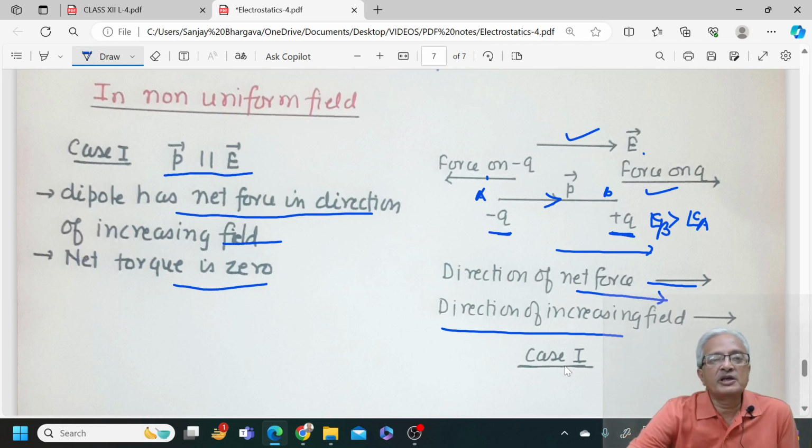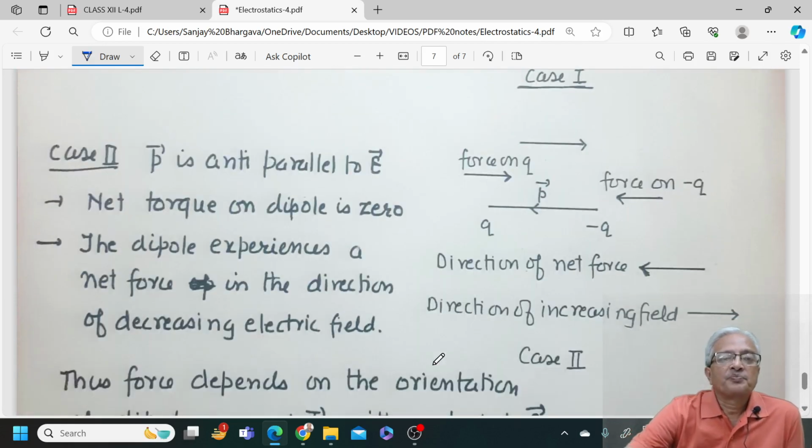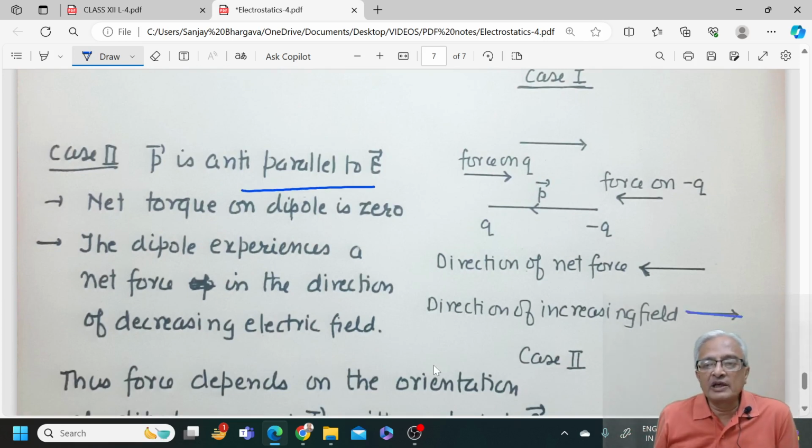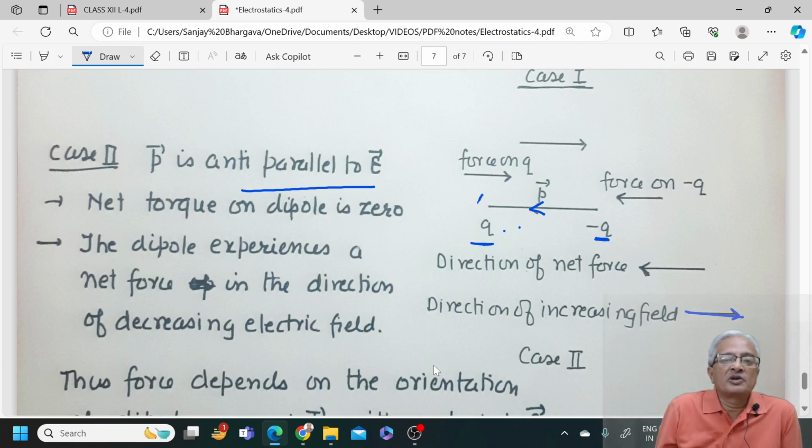What is the second option here? Here P is anti-parallel to E. This is the direction of increasing field. Now the direction of the dipole moment is opposite to the direction of the field. The negative charge would experience a force opposite to the direction of the field, and the positive charge would experience a force in the direction of the field.